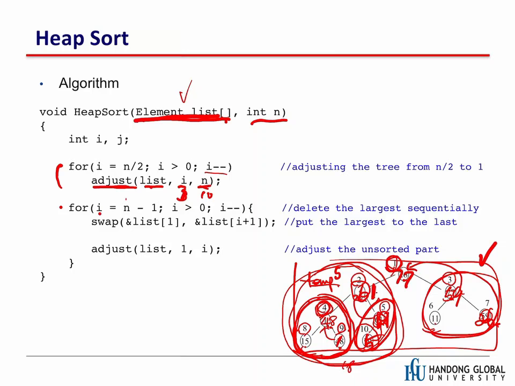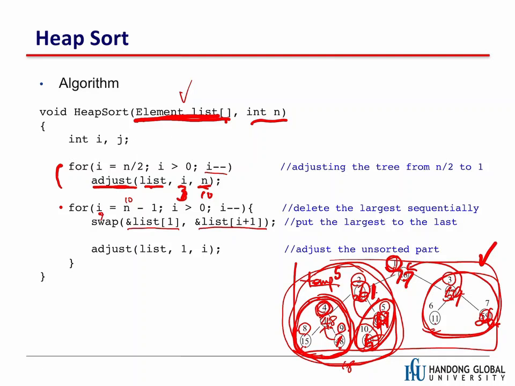So for the first iteration, in this tree, n is 10, and I is 9. Then in the first iteration we are going to swap the first element and the last element. You see that?